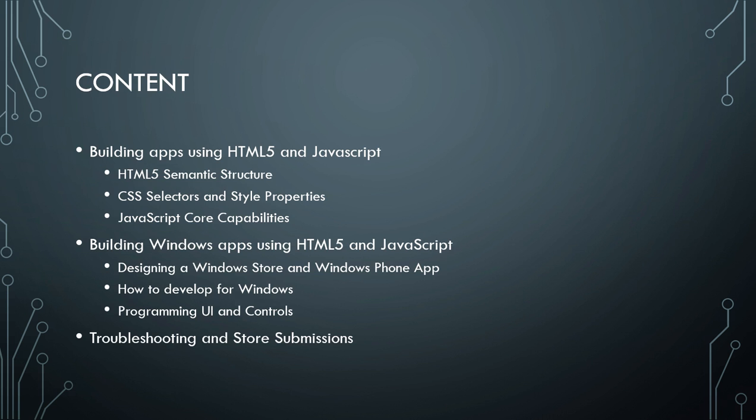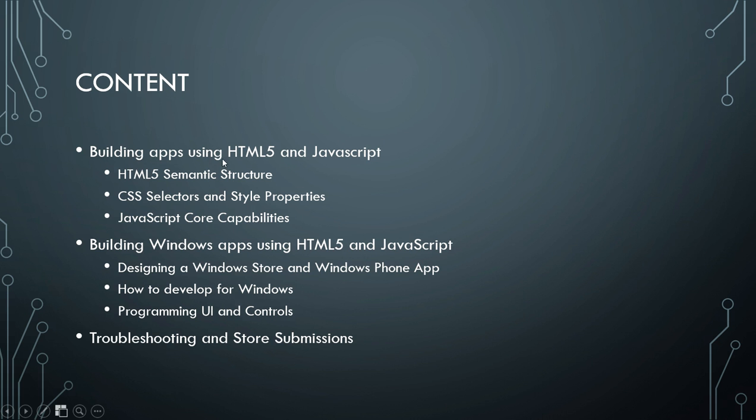Now, the content we're going to cover: this lesson is going to span a period of 6 weeks. The first two classes are going to be about building apps using HTML and JavaScript. What this means is that we're talking about apps as a general concept.